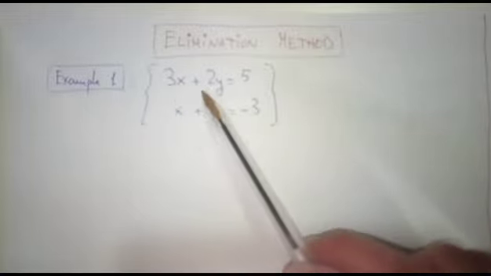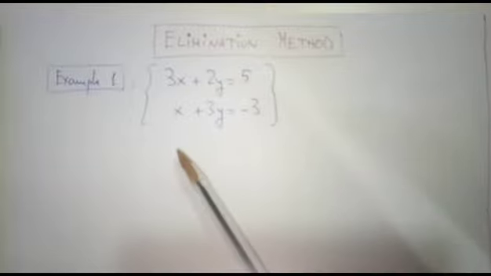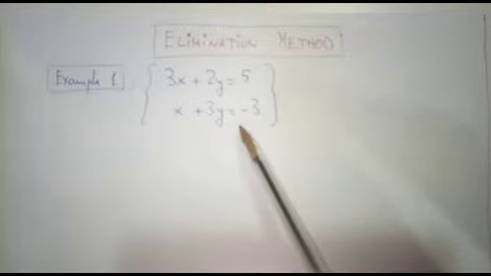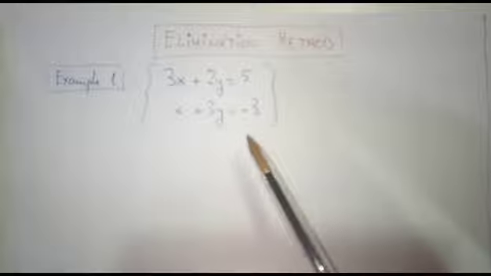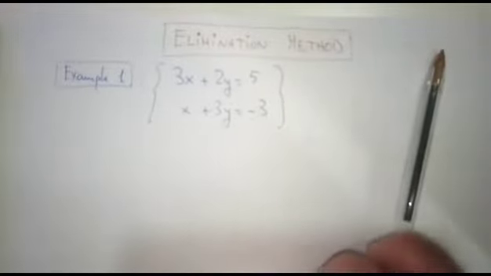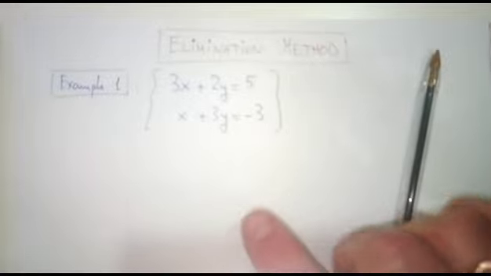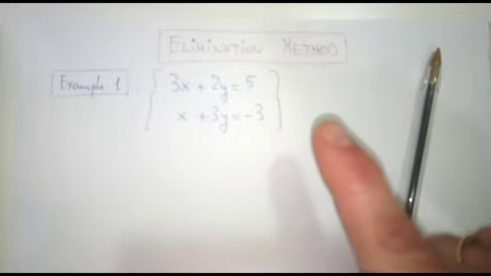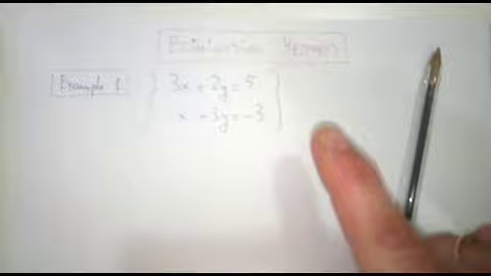The system is 3x plus 2y equals 5 and x plus 3y equals minus 3. Okay, so this method, we have to use it when we have a coefficient of an unknown equal to 1.